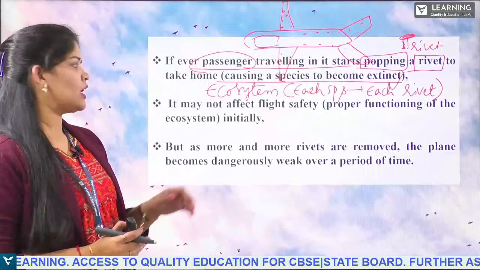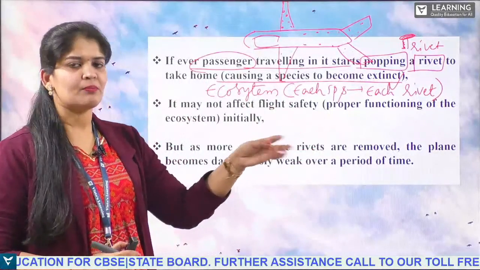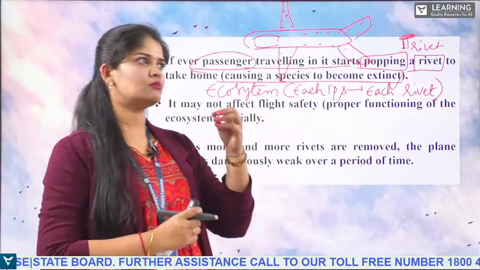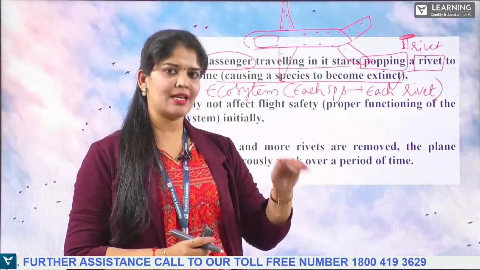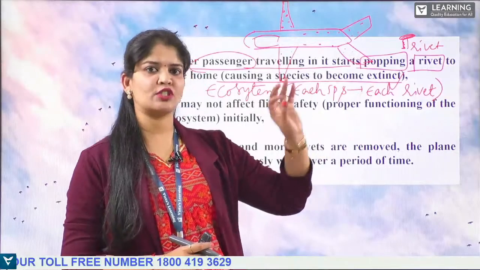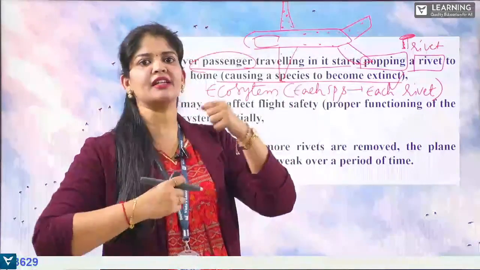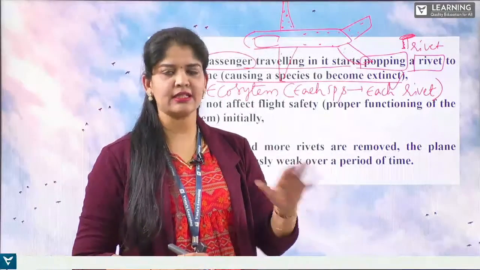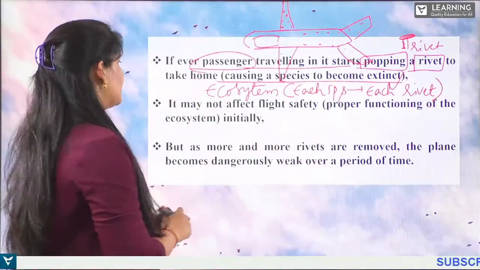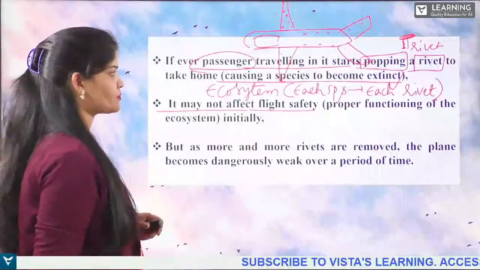What happened? Here, it may not affect that much initially because it may be some much less important rivets which fix the windows or the seats. It is not going to show an immediate effect on the plane's stability. It may not affect flight safety initially.